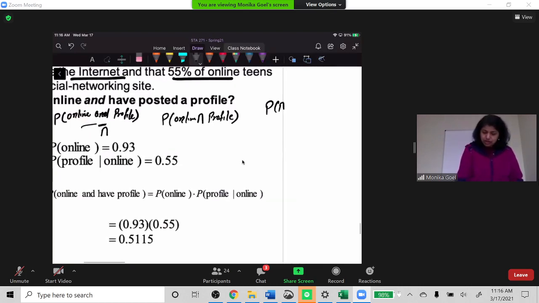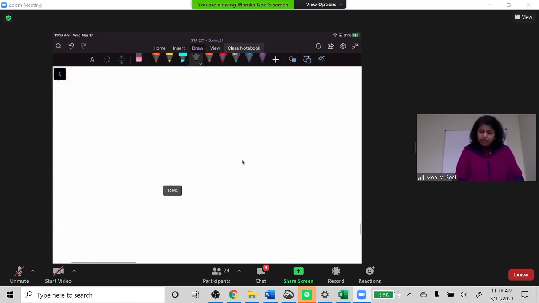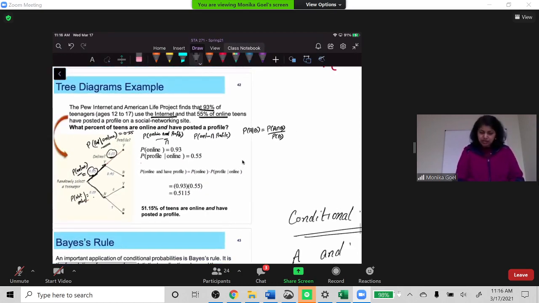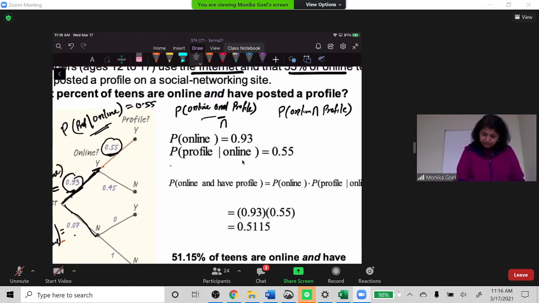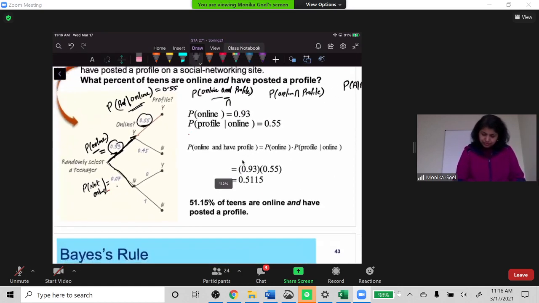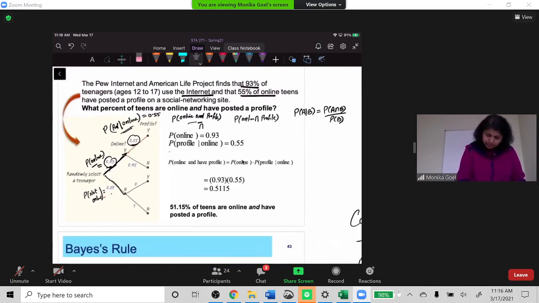But let's just see what we have done. So I'm just writing the formula that we use for conditional probability: P(A given B) equals P(A intersection B) over P(B). Now let's see what my A is, what my B is. Given that it's online, what is my A?